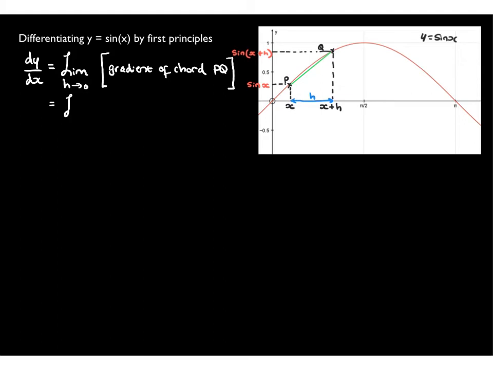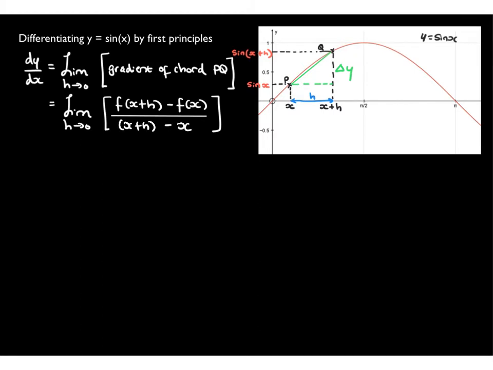You may have written out previously this statement: f of x plus h minus f of x, which would of course be the change in y coordinate, delta y, the difference in y coordinates, over x plus h minus x. And this is, of course, your difference in x coordinates. That's a more generalised version of the principle behind differentiation by first principles.